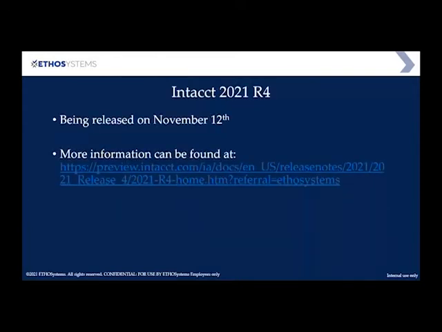Before we get into the actual contents of the list views and dashboards, just one quick thing to let you know that 2021 R2, that's Sage Intacct's version 2021 R4, is going to be released on November 12th. That is next Friday. So late in the evening, they will be kicking everyone out of the system, and they'll be updated.